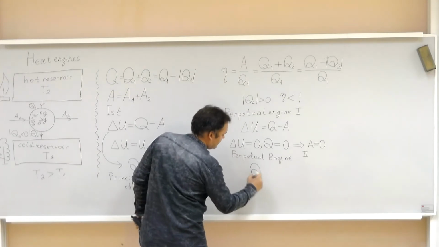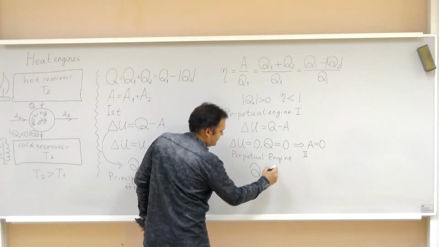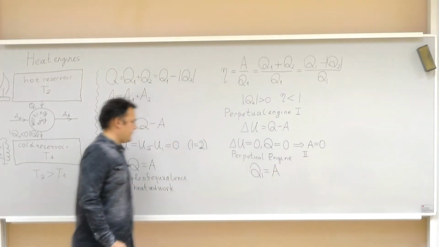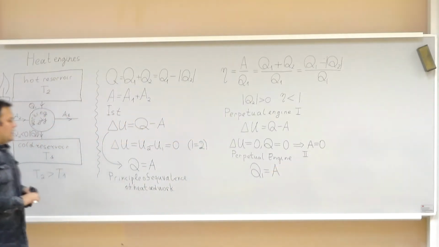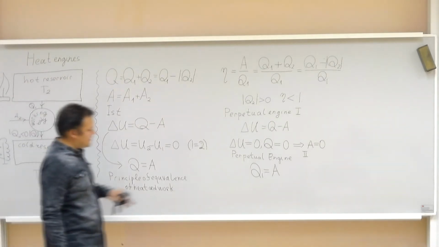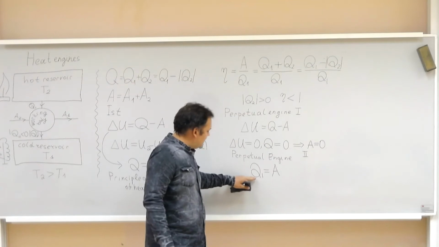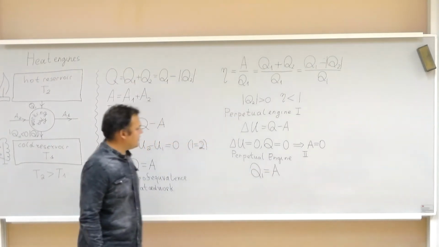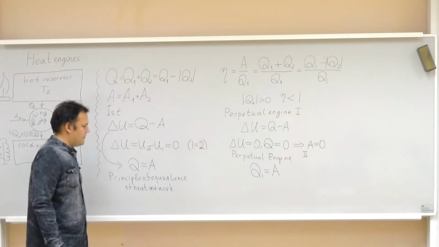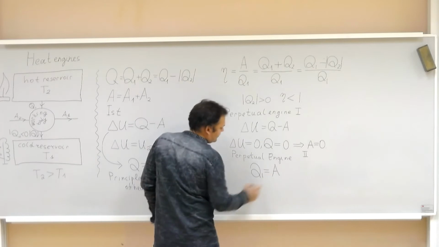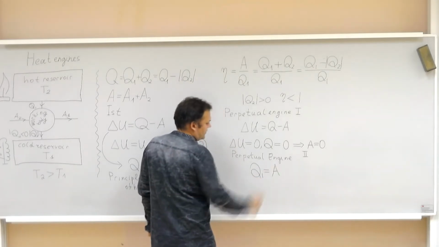So this is a special engine for which Q1 equals A. The existence of such an engine is inconsistent with the second law of thermodynamics. This is not possible by the second law of thermodynamics.